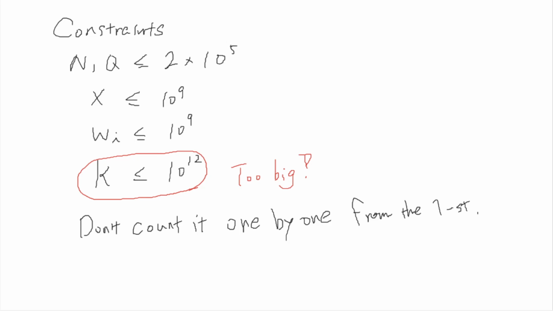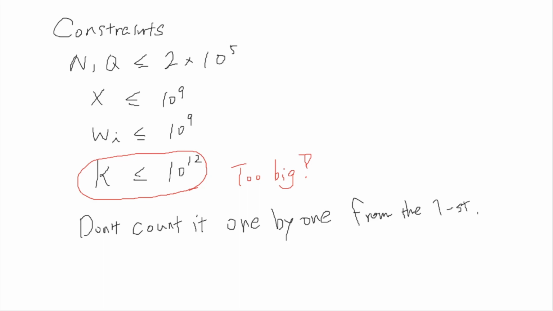It is at most about 10 to the 5th, and X is at most 10 to the 9th, W is at most 10 to the 9th, same, and K is at most 10 to the 12th. K is the index of the box, and this value K is too big.